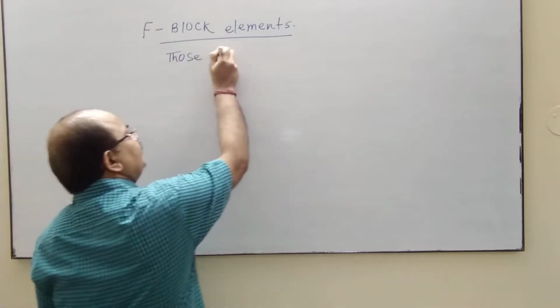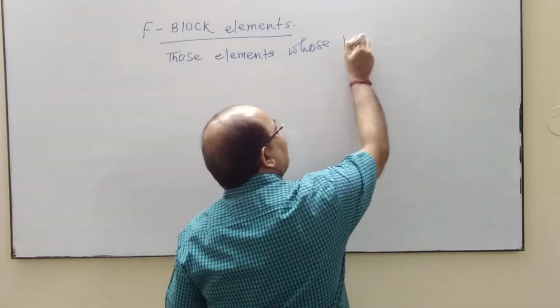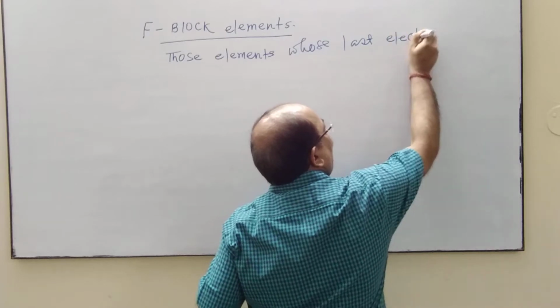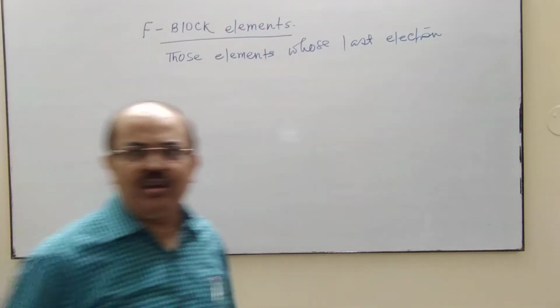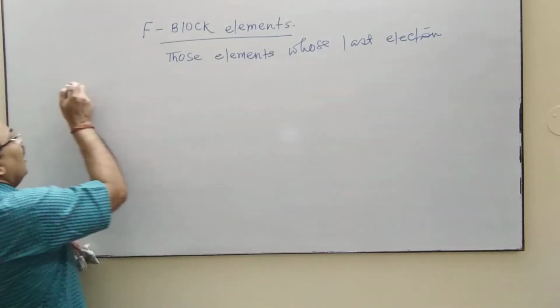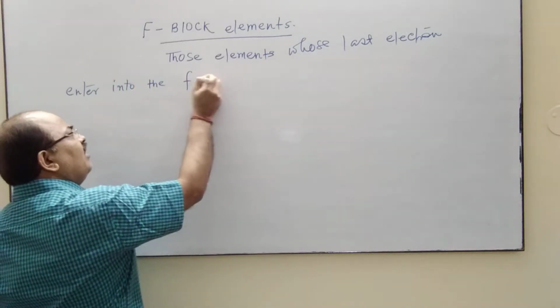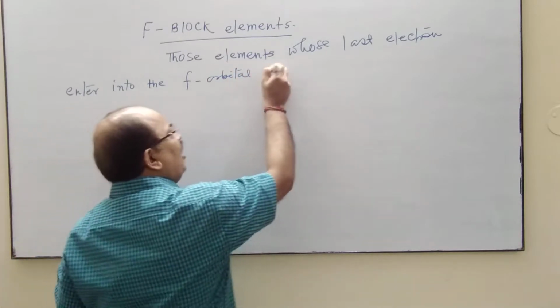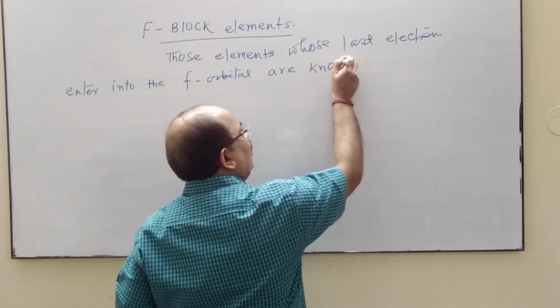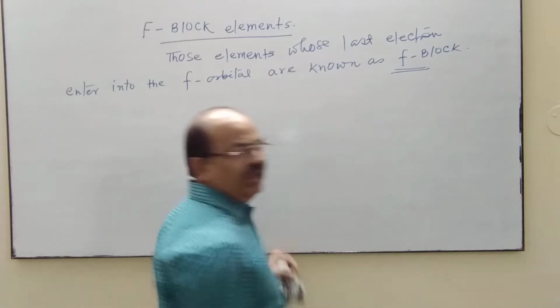Those elements whose last electron enters into the f orbital are known as f block elements.